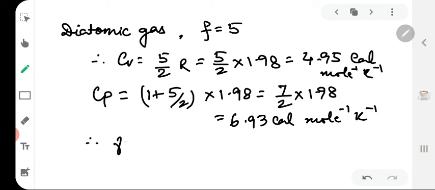Therefore gamma is equal to 1 plus 2 by 5, that is equal to 1.4.